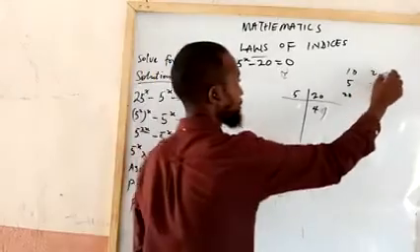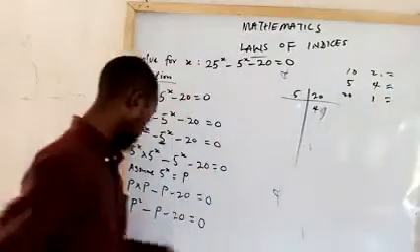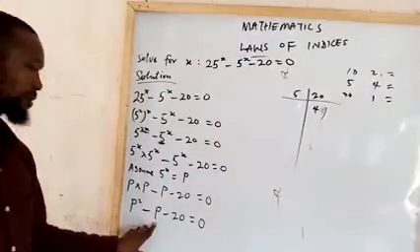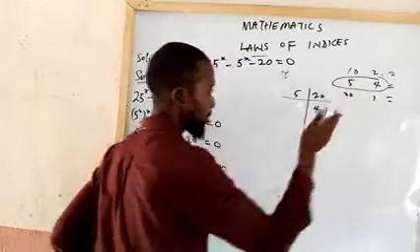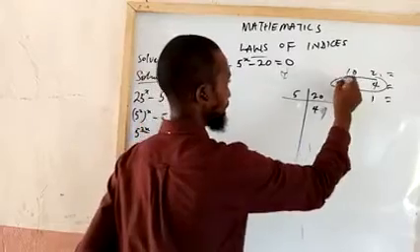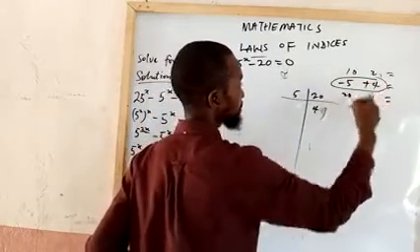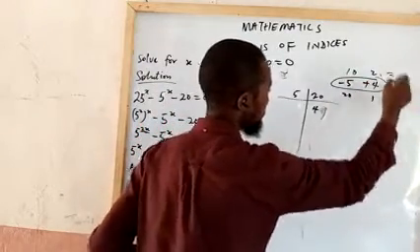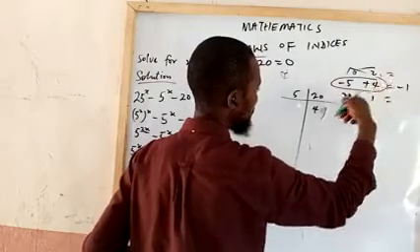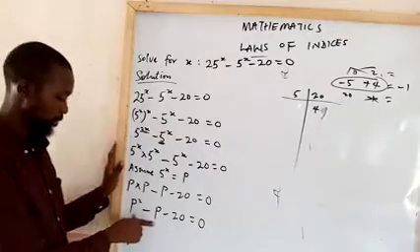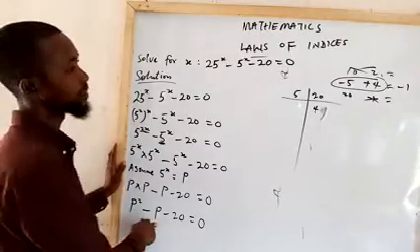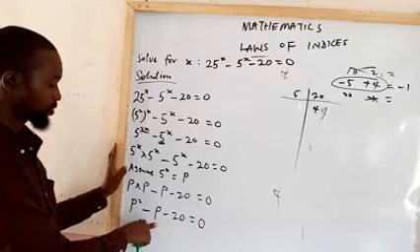Which of these three combinations can produce the value of -1 for me? The only one that can give that is this, depending on how I coin it. So I can call this -5, I call this +4. So it gives -1. So the others are not applicable to what we want to solve. Which means in the position of P here, -5 and +4 is going to represent it.